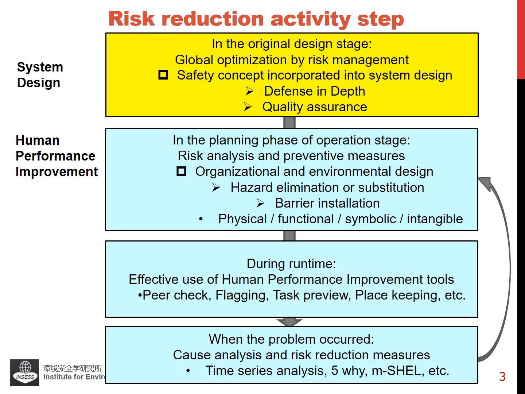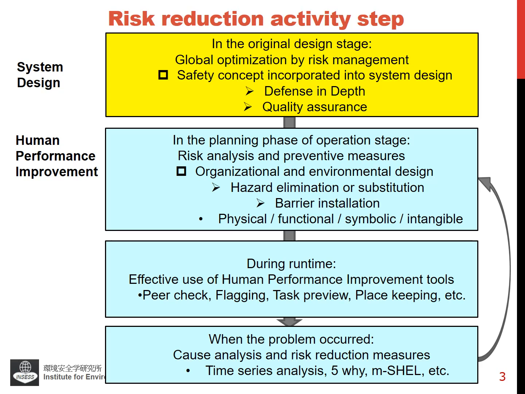The risk reduction activity step has four contents. The first is the system design phase. In the initial design stage, global optimization is required through risk management. This management includes the safety concept built into the system design, such as defense in depth or quality assurance.